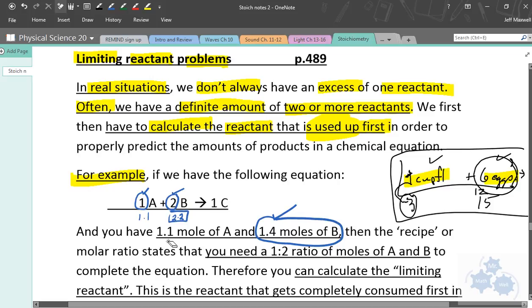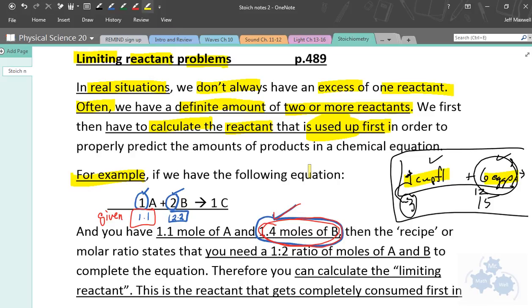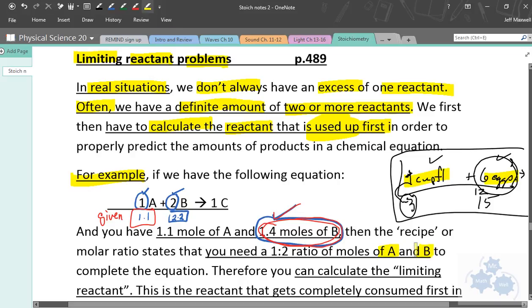I have 1.1 moles of A, that's what I'm given. And I have 1.4 moles of B, that's what I'm given. The recipe, or the ratio, says that A and B have to react in a 1 to 2 ratio.